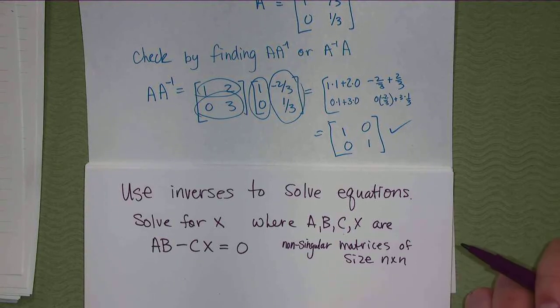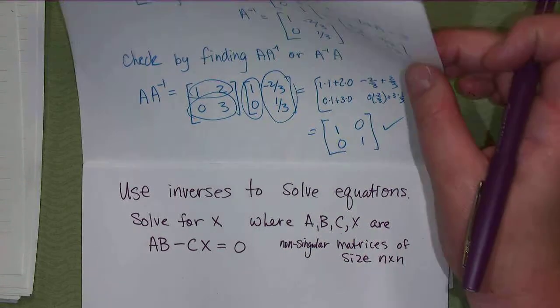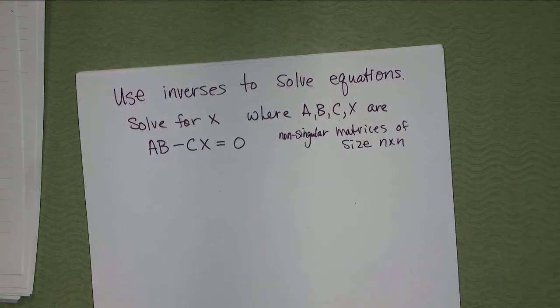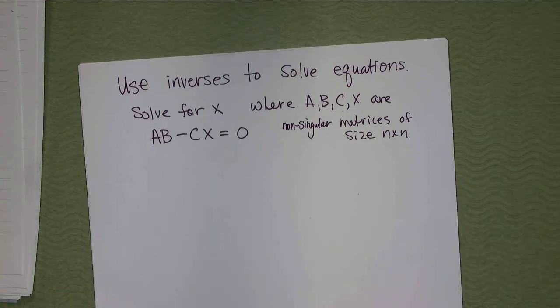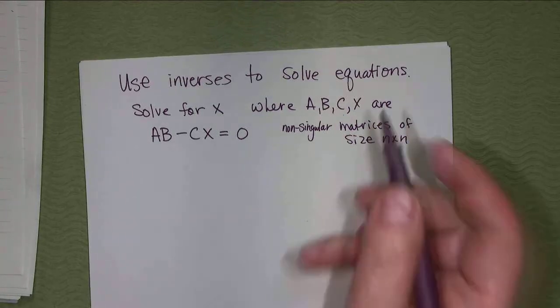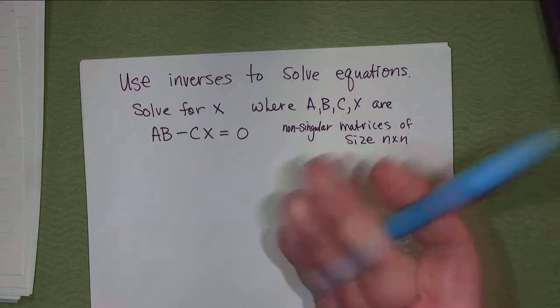So how would we solve for x? Think of real numbers here, but as soon as you go to divide, you can't divide, because there's no such thing as division in matrices. So if these were real numbers, how would we solve it? Let's just do that off to the side.